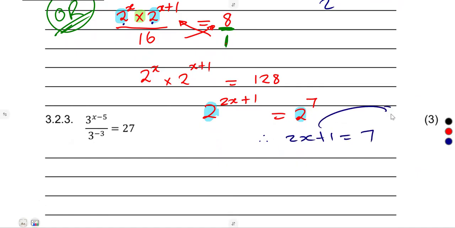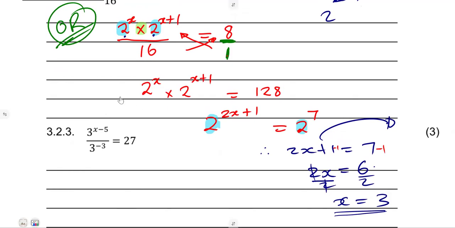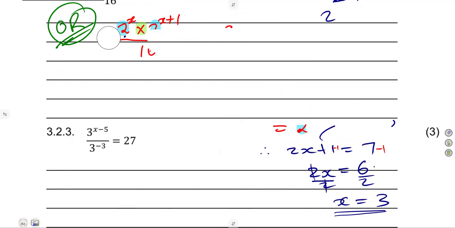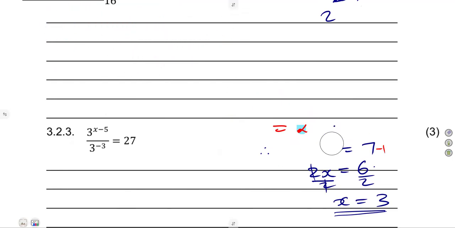To solve for x, subtract 1 on each side of the equation. That's 7 minus 1, which is 6. Then divide by 2. x is going to give us 3. 6 divided by 2. So that is how these questions can be given. It's another way that you could have used to solve this part.